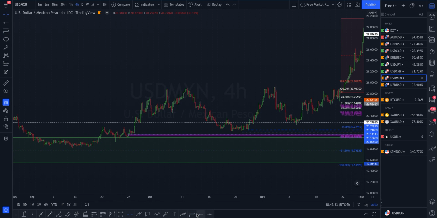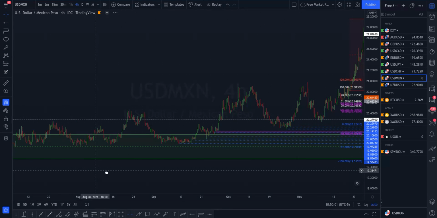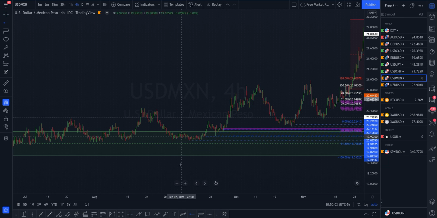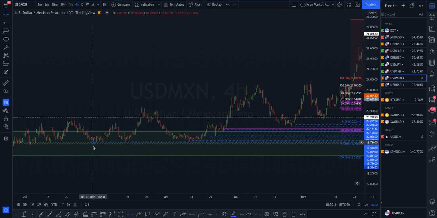That gap has not been filled, so partial profit, partial profit, partial profit. I'm trying not to be lazy, guys, and just really point out the areas that I would be looking for partial profit.